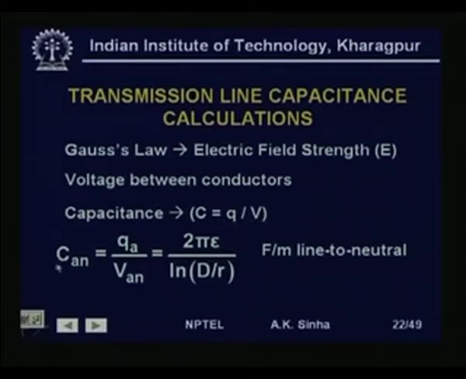The capacitance to ground or capacitance to neutral for any conductor in an overhead system will be given by Q_a by V_an, which on calculation comes out to be 2 pi epsilon by log of D by r, where epsilon is the permittivity of the material. In this case it is for overhead lines, so this is the permittivity of air.